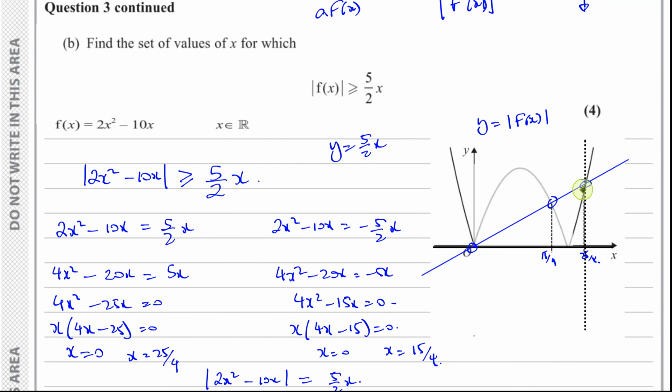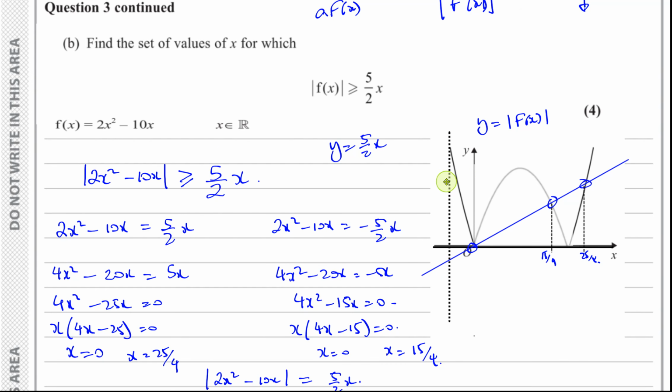Okay, they're exactly in the same place. But when x is less than 0, the modulus graph is above the blue line. And also when x is greater than 0, it's above. So actually, when x is less than 15 over 4, the modulus graph is above. At 0, it's equal, which still satisfies the inequality because it says less than or equal to.